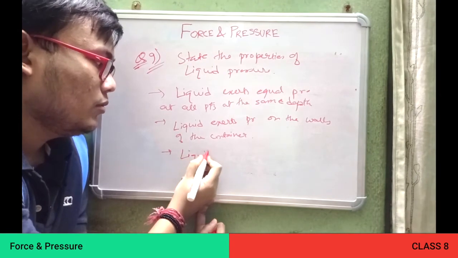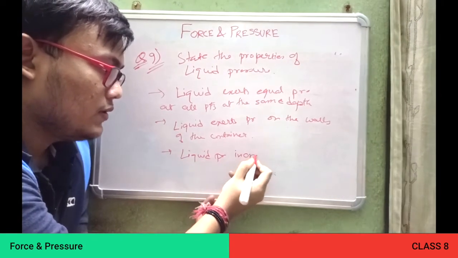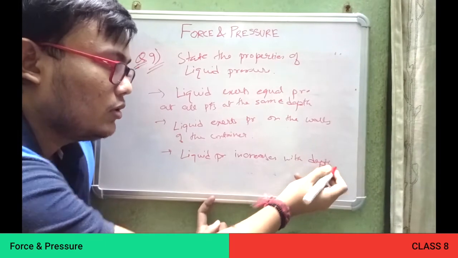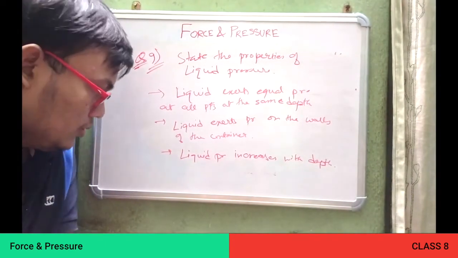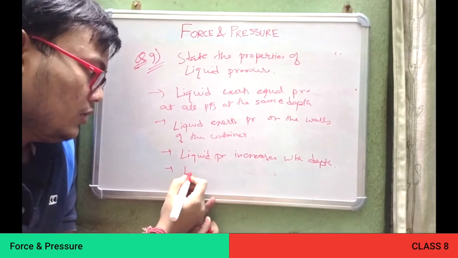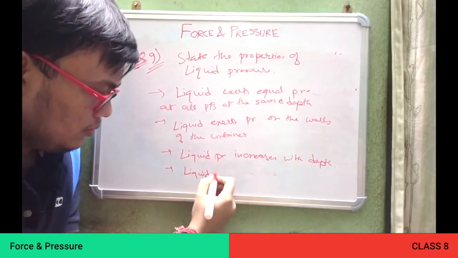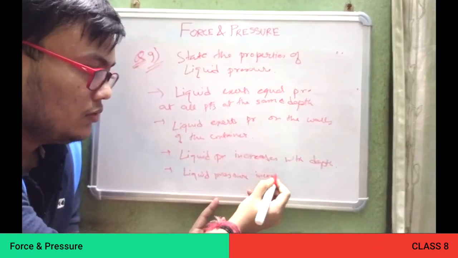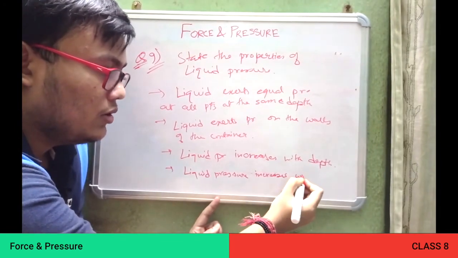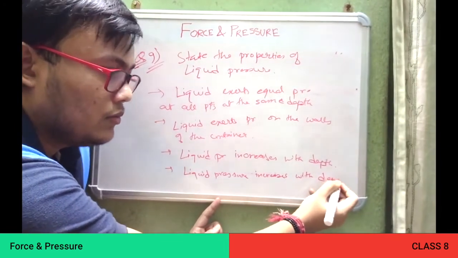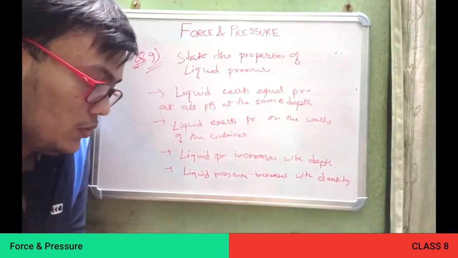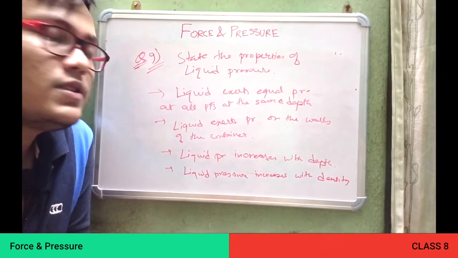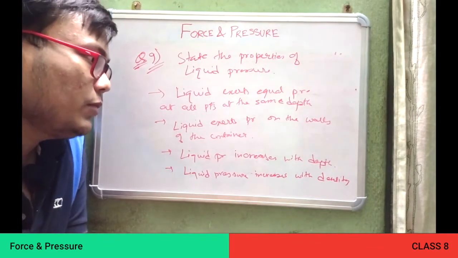Liquid pressure increases with depth. Liquid pressure increases with density. Also, the liquid pressure is independent of the shape and size of the container. So these are the properties of liquid pressure.